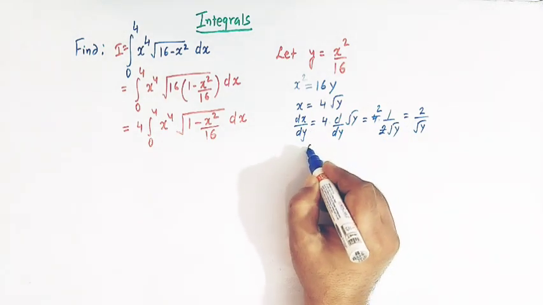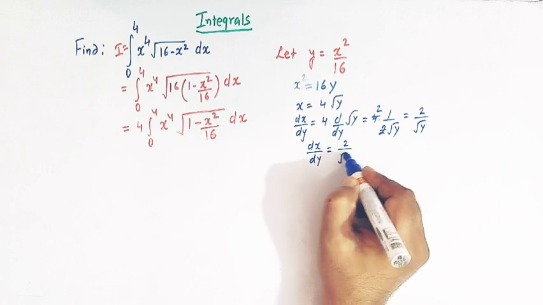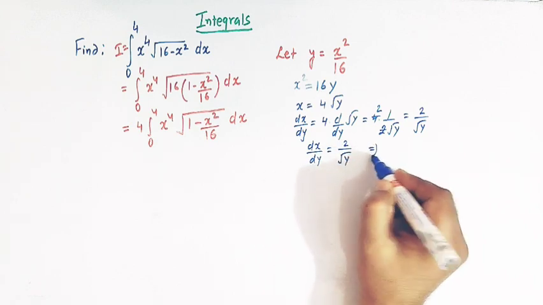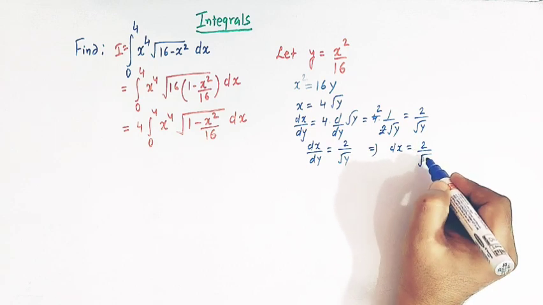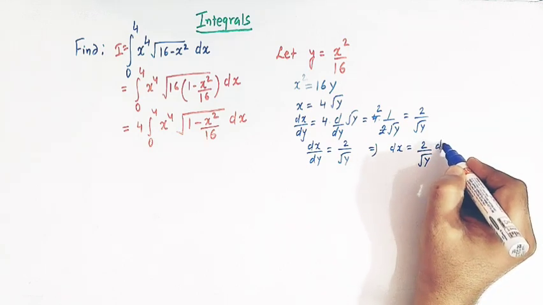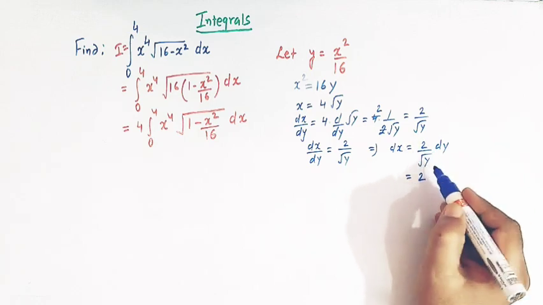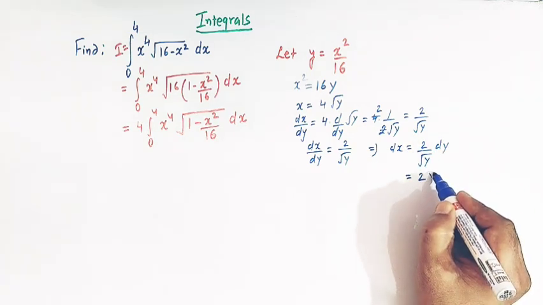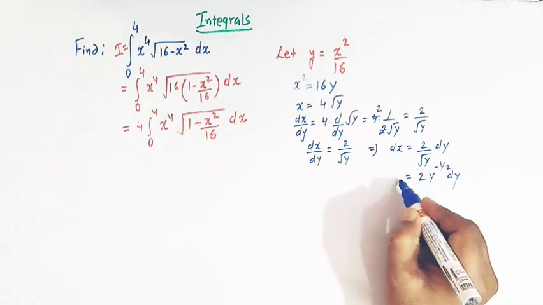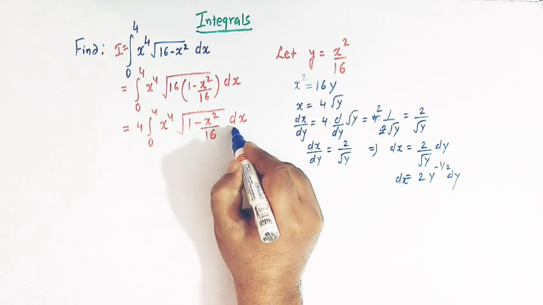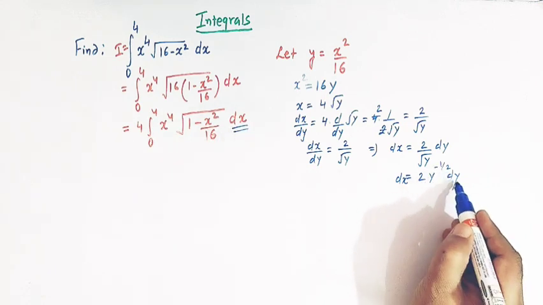So dx over dy is equal to 2 over square root of y, and we can write dx is equal to 2 times y raised to minus half dy.